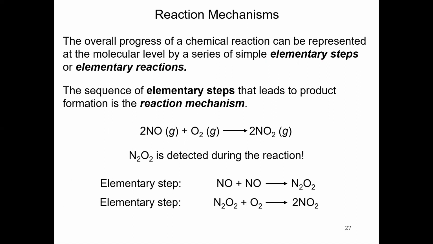And then you'll have a second step, which reacts that with oxygen to get your product. So essentially you have the two NOs reacting together to get the N2O2, plus the other one together. Those are two steps. And the thing that's interesting about this is sometimes you can have a slow step and a fast step.